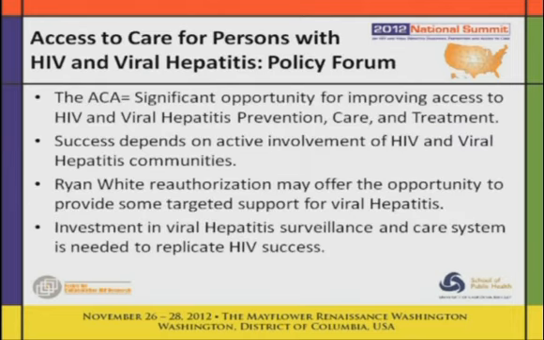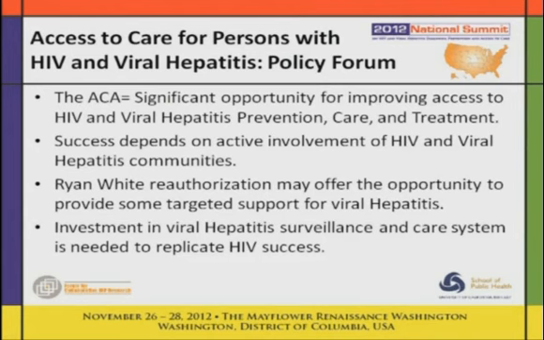The first that we had to talk about was access to care for persons with HIV and viral hepatitis in terms of a policy forum. It was an excellent group that presented, and we're just going to give you the distilled versions of what we got out of all of the presentations. First was that the Affordable Care Act should equal significant opportunity for improving access to HIV and hepatitis prevention, care, and treatment.